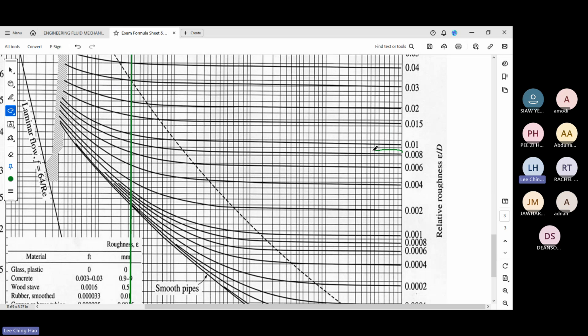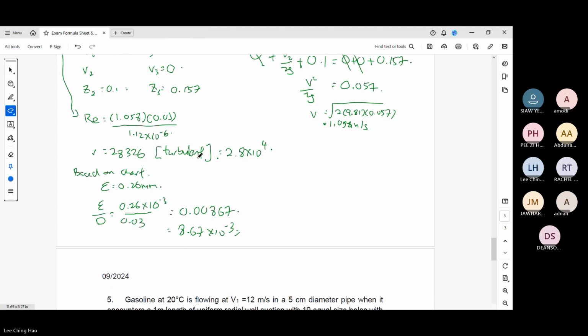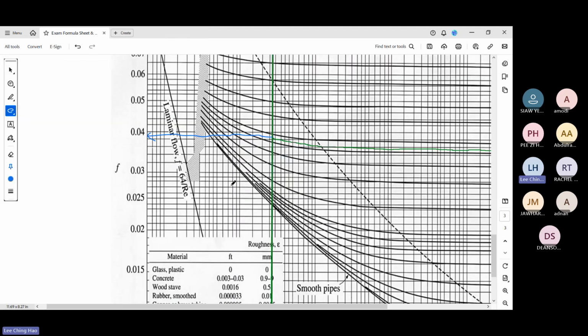For this case, you follow the curve, and you see the line starts to curve up, so you also follow it curving up until you meet the point. At the intersection point, you go horizontally. So it will be roughly 0.39. Anyway, f equals 0.39.